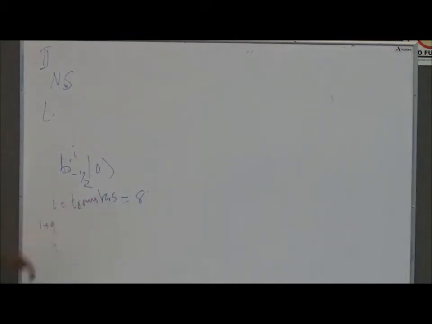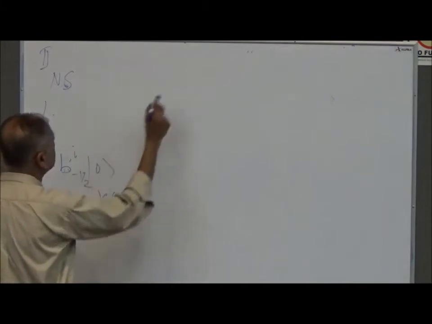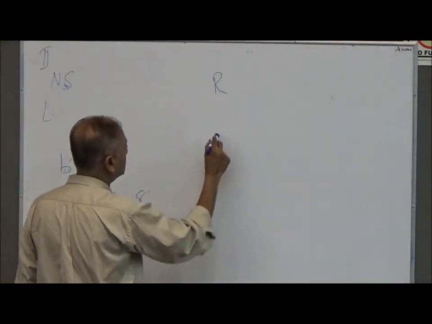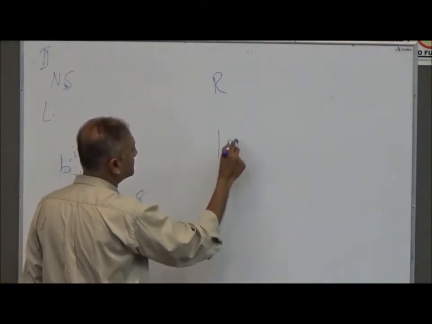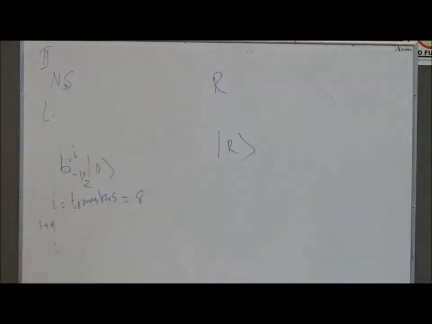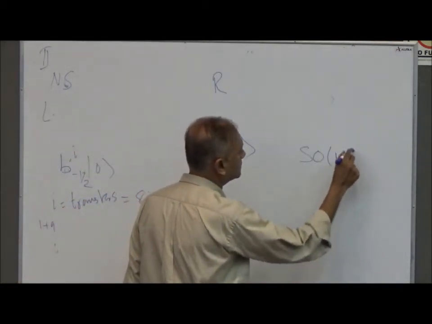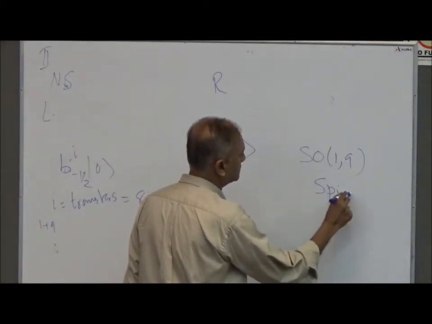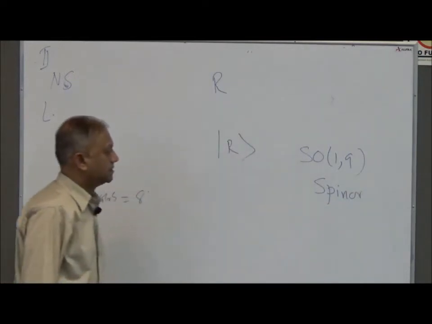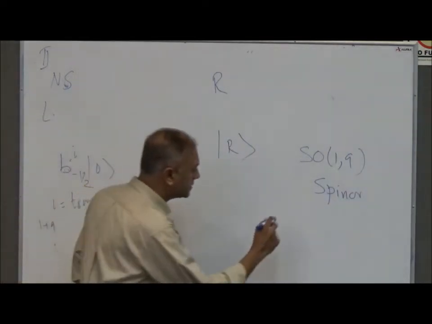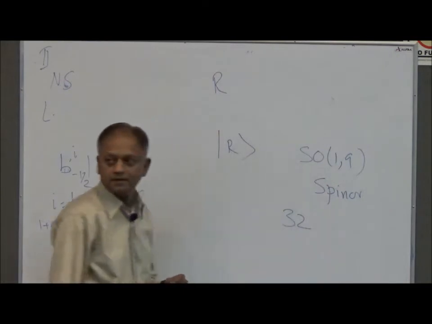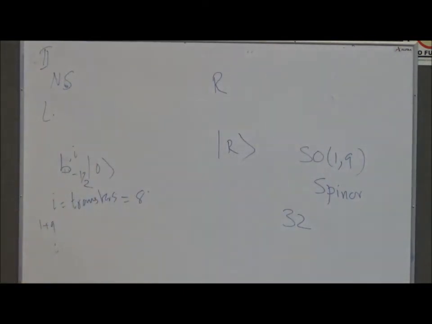Now if you look at the Ramond sector, you have the Ramond ground state, which is the SO(1,9) spinor. The SO(1,9) spinor is 32-dimensional. If you write down the gamma matrices in 10 dimensions, they are 32 by 32 gamma matrices.